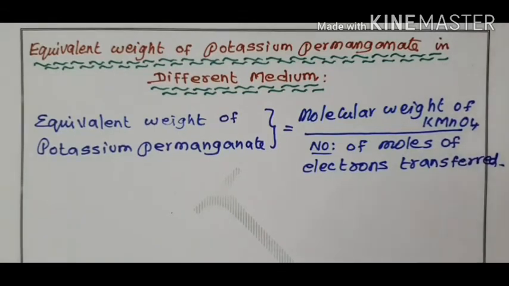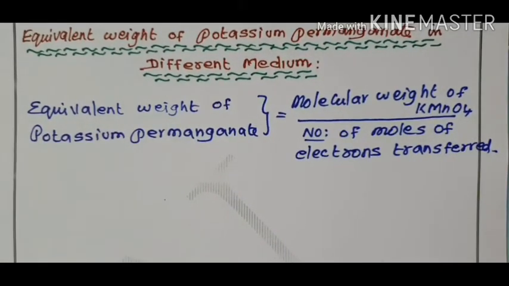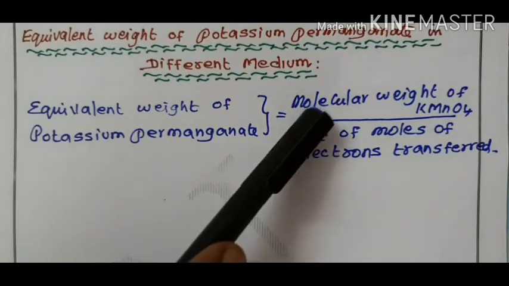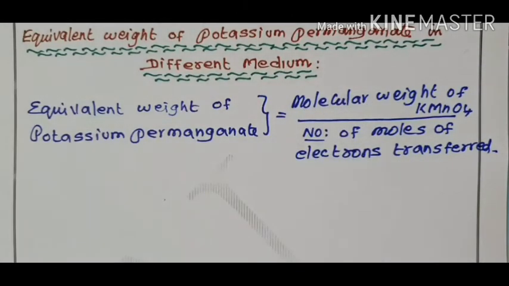So, for different mediums, we are going to calculate the equivalent mass of potassium permanganate by calculating the molecular weight of KMnO4 and the number of moles of electrons transferred.